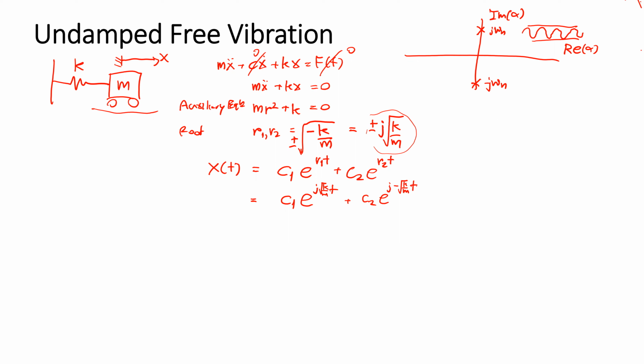If we apply the Euler identity, e to the power j omega t equals cosine omega t plus j sine omega t.